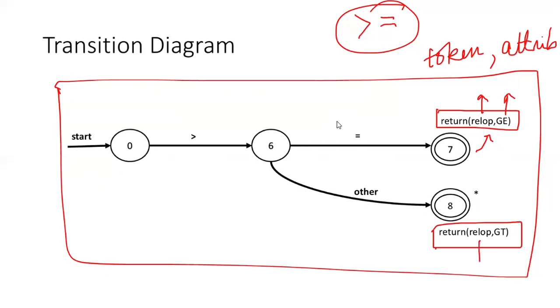So I'm returning again a relop, because greater than is a relop. And what is the attribute? It is GT, which is greater than. So when I reach a final state, I'm going to get something like this. It is giving me the token which I have identified and its attribute.